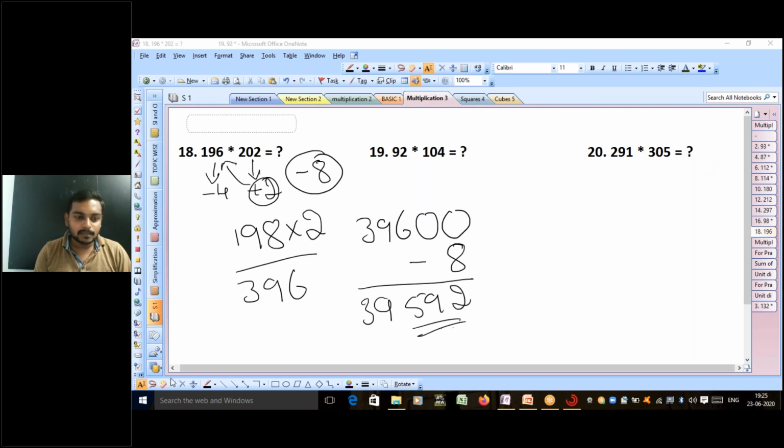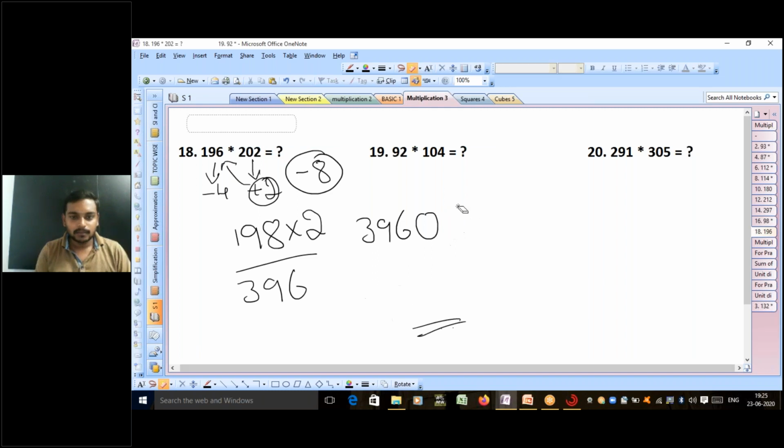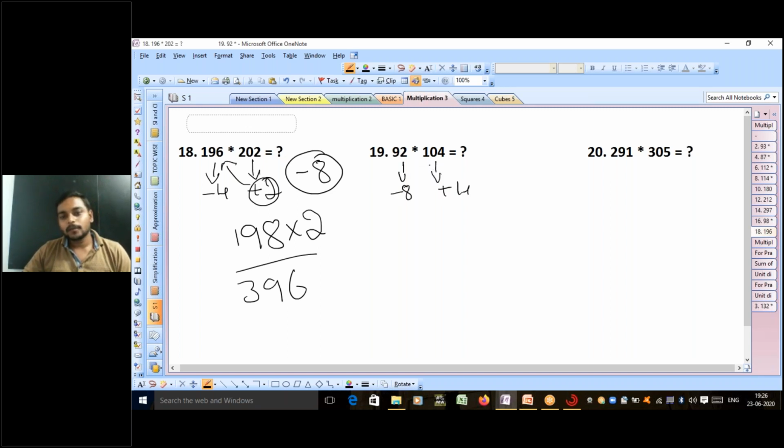Just observe the base number. That is very important. If you are not multiplying, then the answer will go wrong. Just observe the base. Here the base is 100. From 100 it is 8 less, and from 100 it is 4 more. Here we have one positive sign, one negative sign. In this situation, just apply this method. 8 4s are 32.